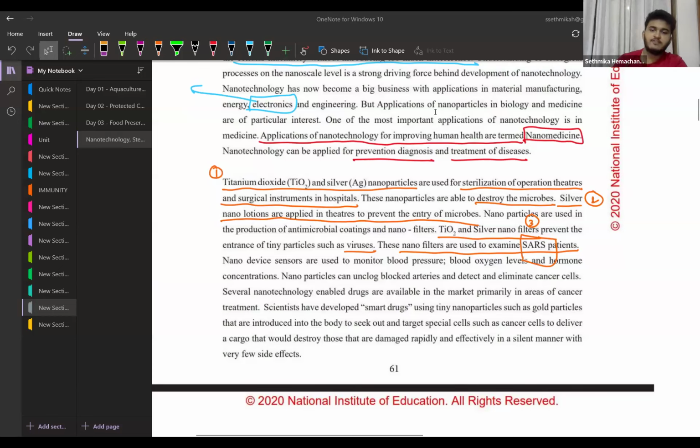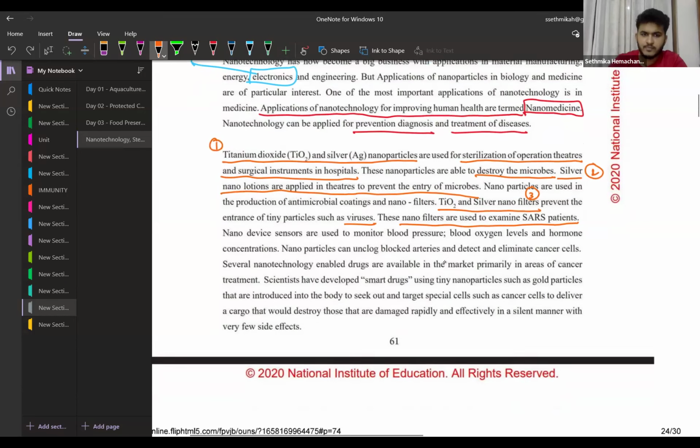So basically, these nanofilters are used to examine SARS patients. The doctors or the nurses who are examining SARS patients wear these nanofilters so that the virus from the SARS patient, then SARS, it's something like COVID, right? It's something like COVID, easily transmissible, right? It spreads quickly. So basically, SARS patients are examined by doctors and nurses who wear nanofilters, right? By that method, these viruses and all that can be filtered off.